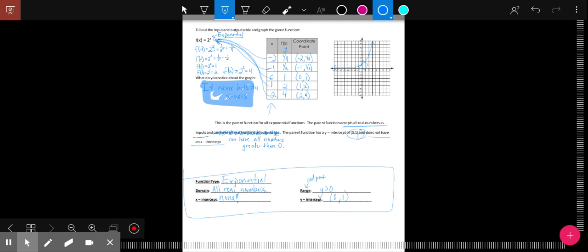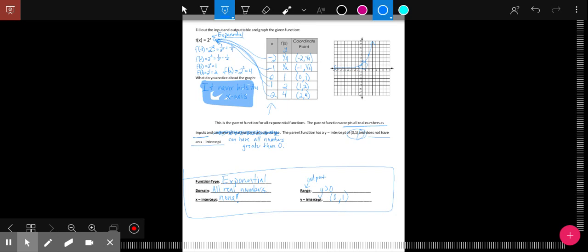As for our outputs, remember our outputs are a y. Now this says all real numbers greater than or equal to 0. The reason it's greater than or equal to 0 is, remember, my y's, if we look at this, are all positive. I don't have any negative numbers. I have 0 and then all positives.